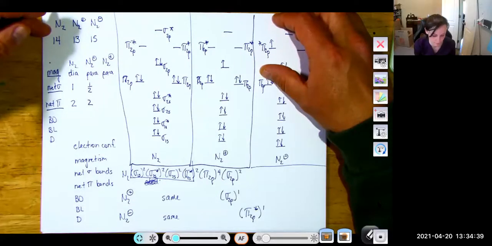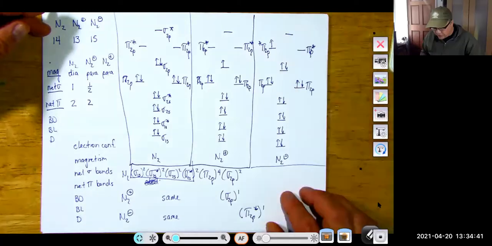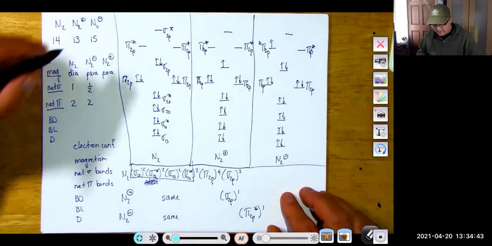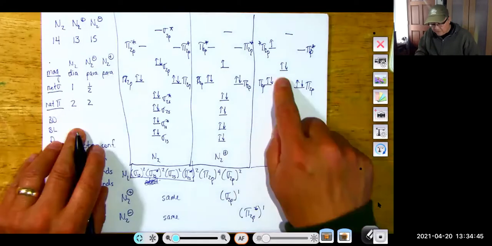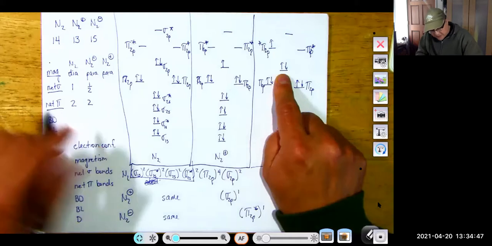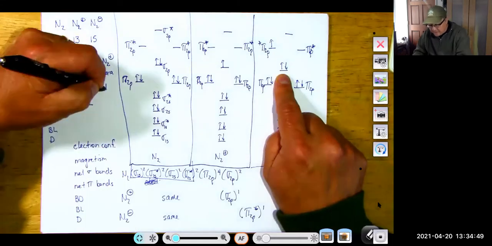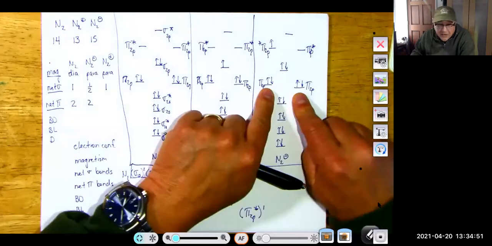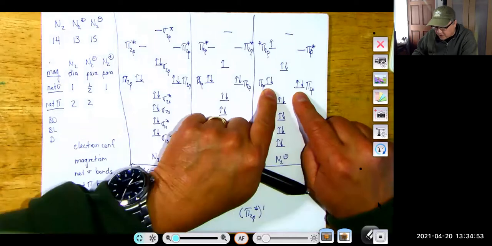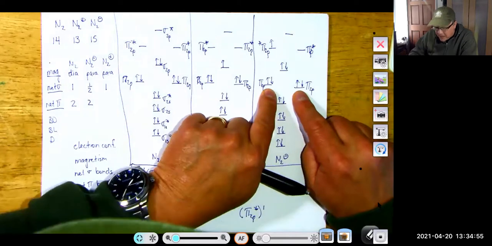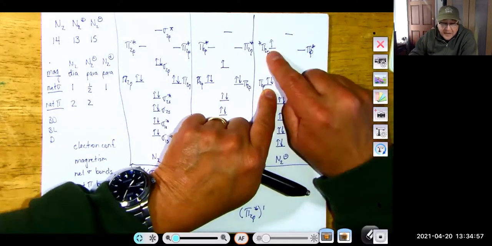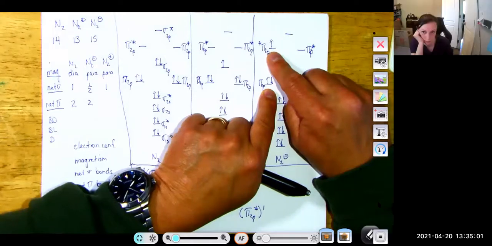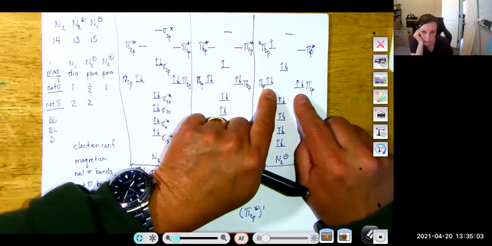Great. Now, for N2 minus, I'm actually going to have a full-on sigma bond, right? But if I look at the pi 2p bonding electrons, there's 4 of them, and one of them gets canceled by a pi star 2p electron. So what's my net number of pi electrons?